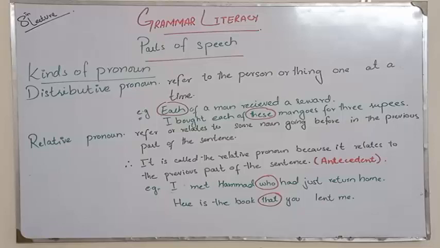The next one is, here is the book that you lent me. Here is the book. That is referring back to that book, that specific book that somebody lent me some days earlier. So here is the book that you lent me. Here who and that are the relative pronouns.